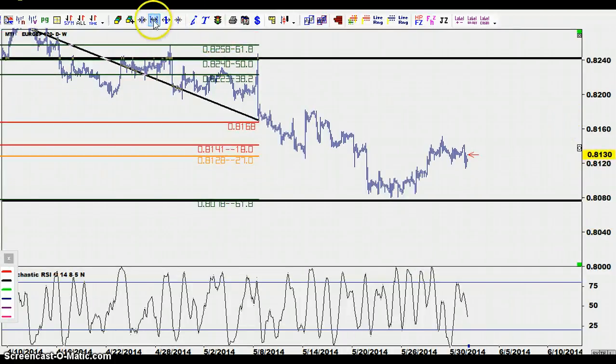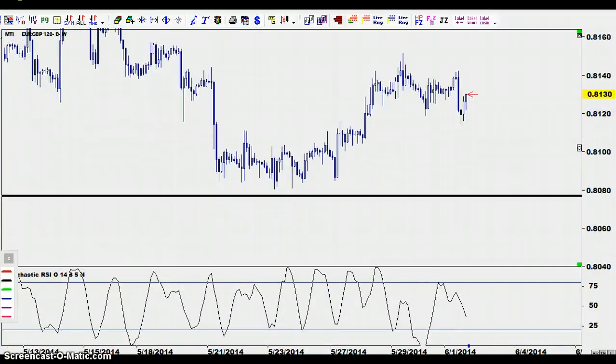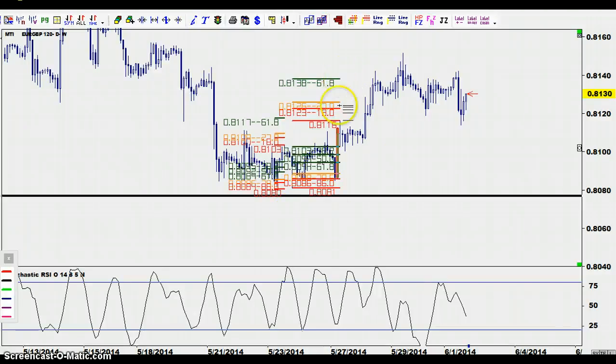All right, let's blow this up a little bit. All right, let's do some counter trend fibs. There we go. A to B, C to D. A to B, C to D. Okay, so it's a deep retracement as well.